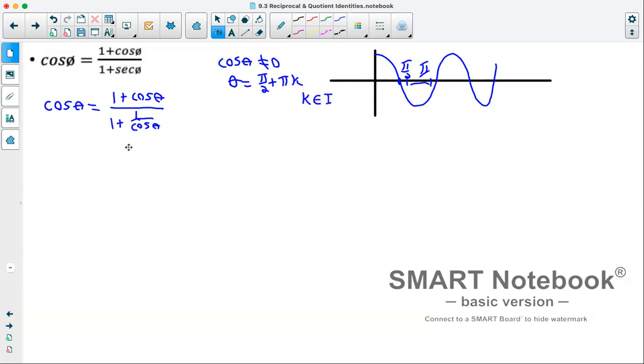The other thing is cos cannot equal -1, because if cos equals -1, this term becomes 1 minus -1, which gives us 0. So cos is at -1 at pi, and then that repeats every 2 pi. So theta cannot equal pi plus 2 pi k, where once again, k is any integer.